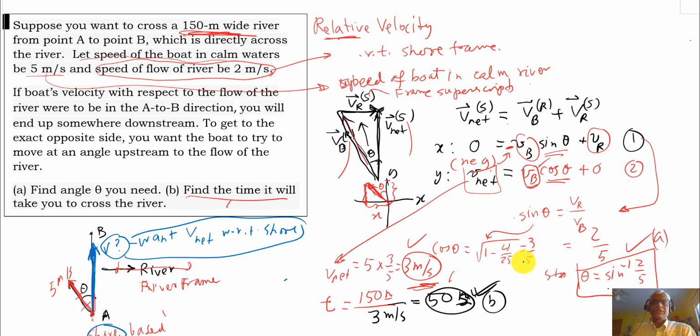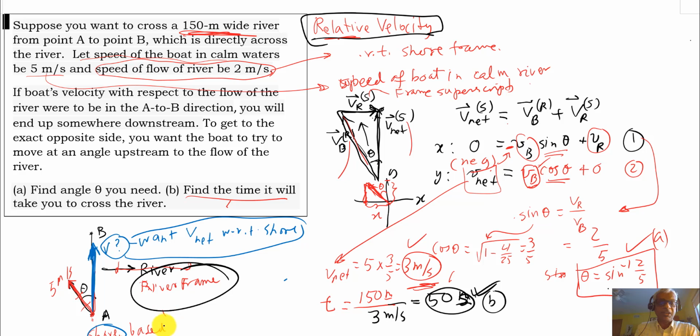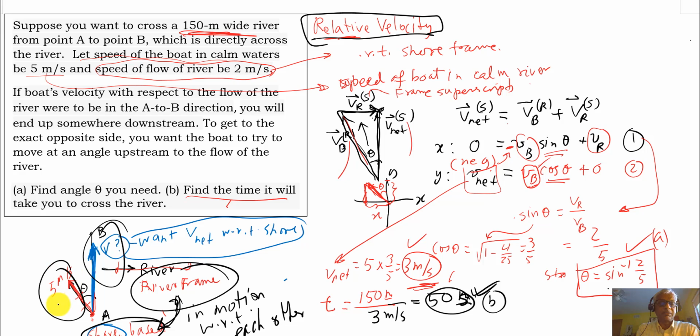To recap, whenever you encounter relative velocity, think of two frames which are in motion with respect to each other. Once you have done that, think of which velocities you know with respect to which frame.